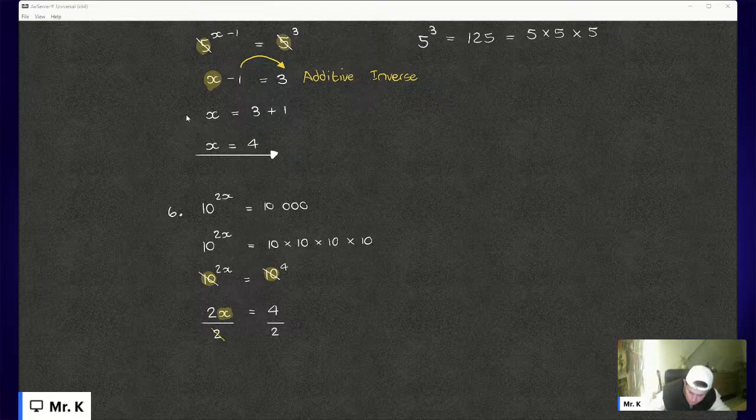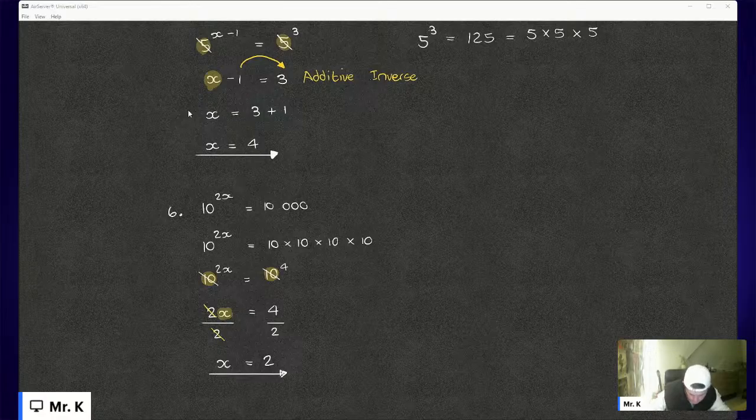On the left, the 2's are going to cancel out, leaving us with just x. And on the right, 4 divided by 2 gives us 2.